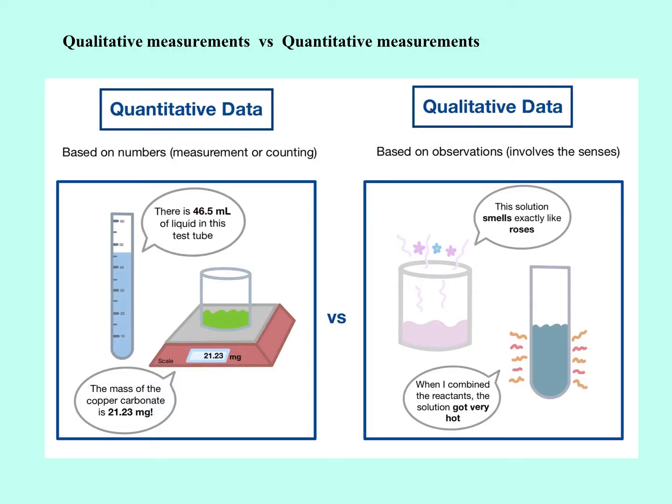Here's some more details and reminders. Quantitative data is what we would write down when we're making quantitative measurements. So they would look like these, 46.5 milliliters of liquid in a test tube. The mass, we'll be talking a lot about mass, of the substance, copper carbonate there, is 21.23 milligrams.